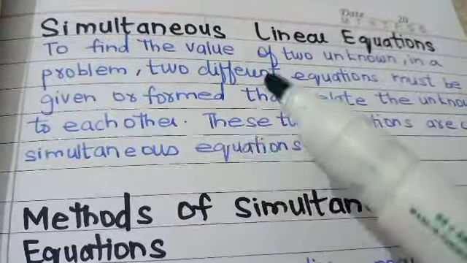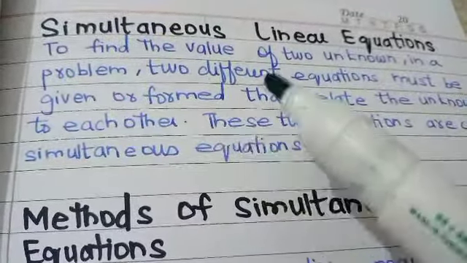Along with it, a second equation is also given, in which you can see the same variables x and y. These are known as simultaneous equations. Variables should be same in equation 1 and equation 2, but there should be two unknown variables and two different equations given to you.